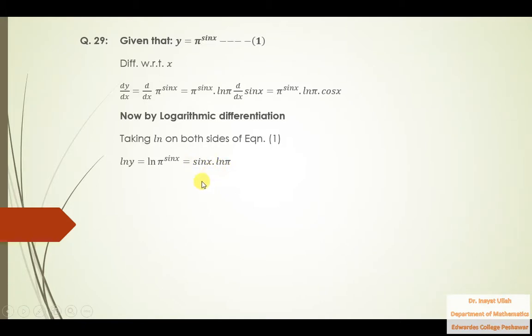Now differentiate this function with respect to x.